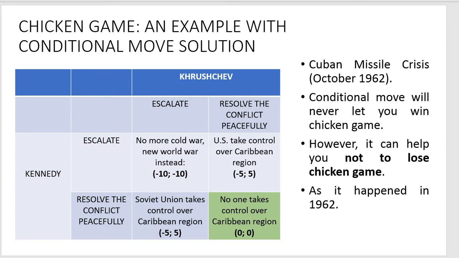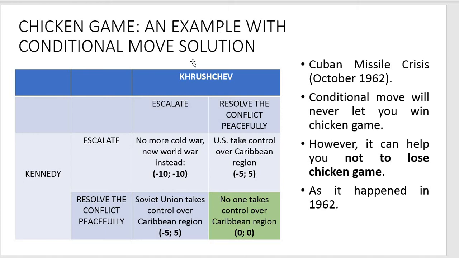So I believe it will be better to introduce this example. This is some schematic depiction of the Caribbean crisis of 1962, which happened in October of 1962. Basically, it was a conflict between the United States, represented by President Kennedy, and the Soviet Union, represented by Secretary of State Khrushchev.